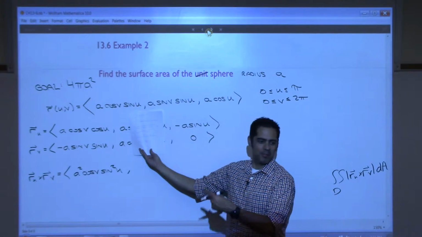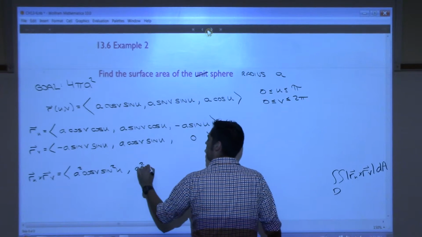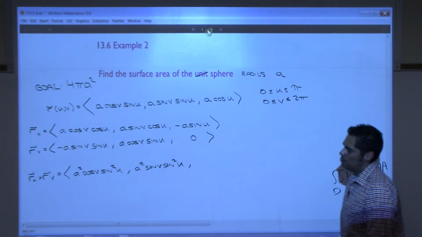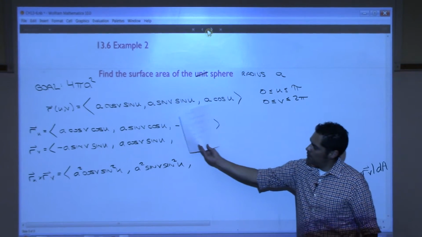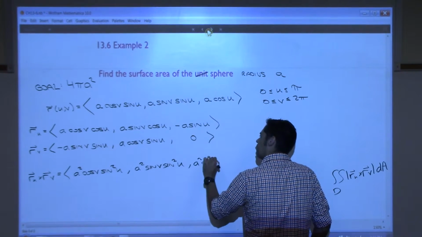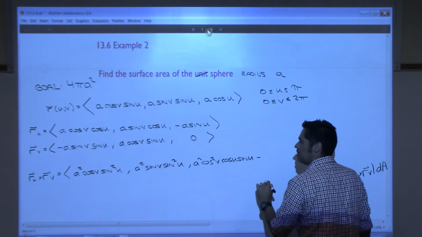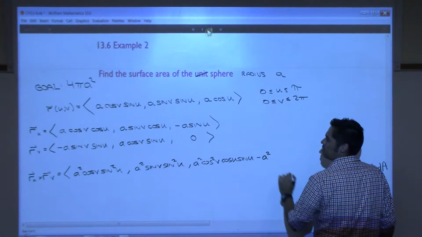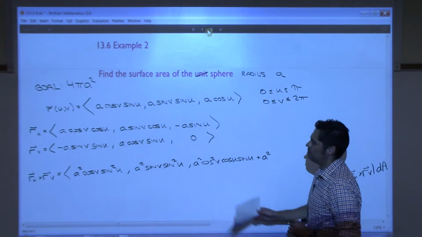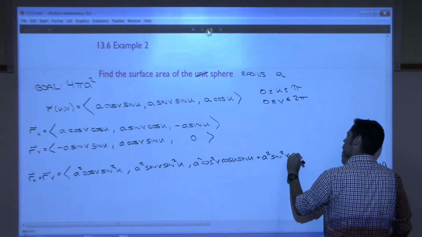Because it was that weird minus, but it was the middle one. So we'll get a squared sine v sine squared u. And then the last one's the ugly one. A squared cosine squared v cosine u sine u, plus a squared sine squared v cosine u sine u.